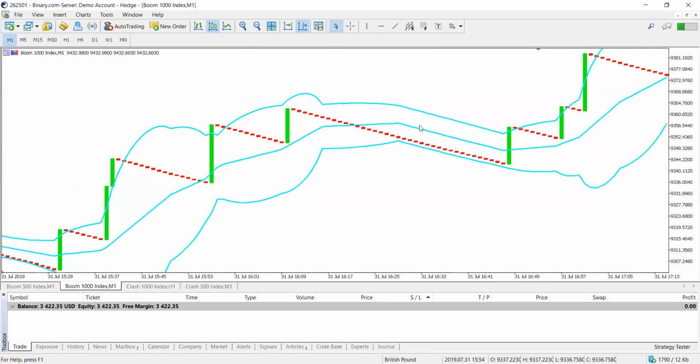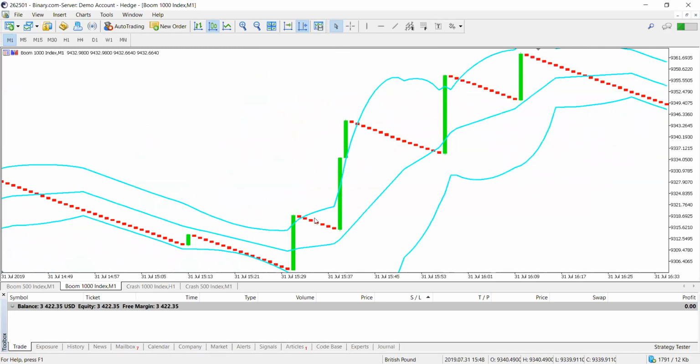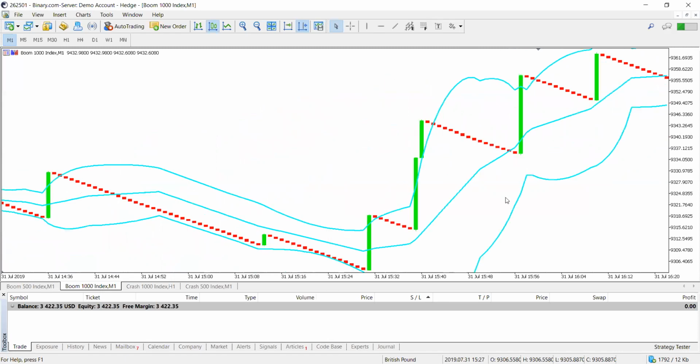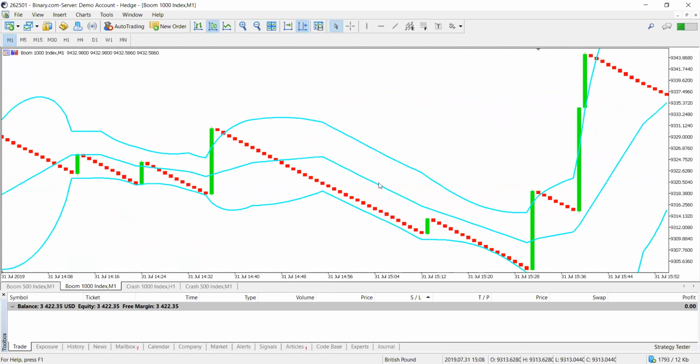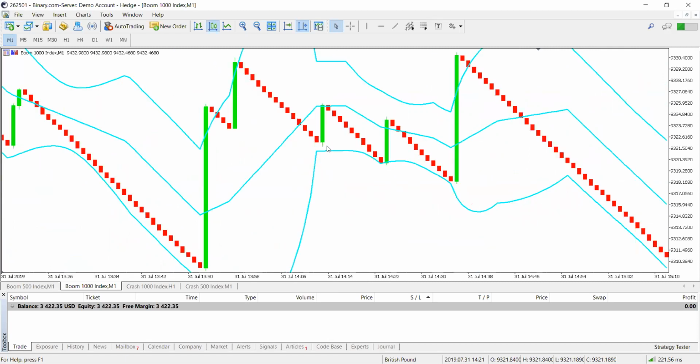So when price hits the bottom, then price is likely to boom. When price goes all the way down to the middle Bollinger Band, then price is likely to boom. Look at this.